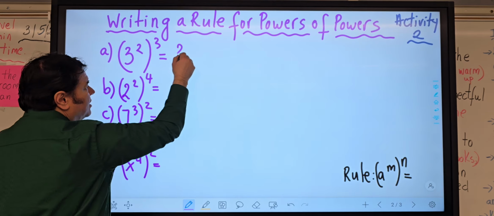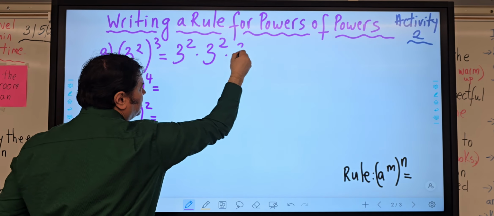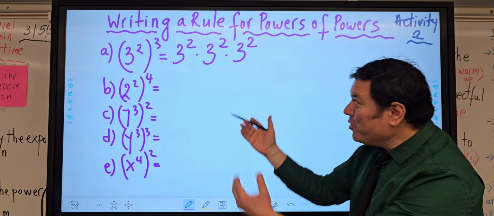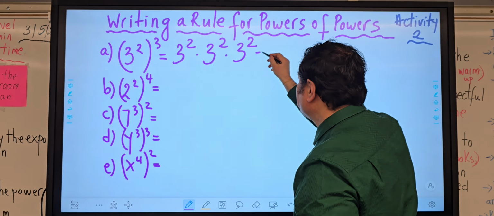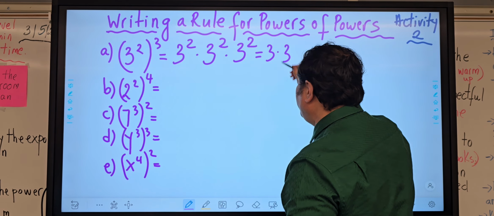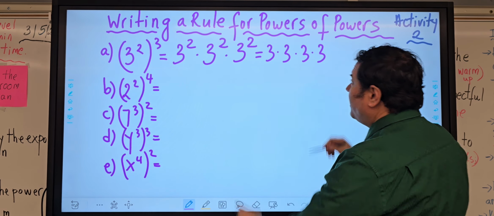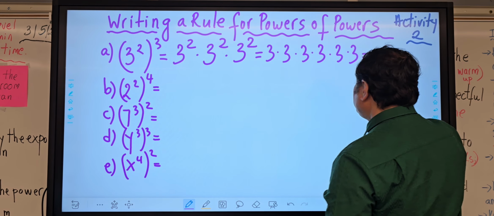So we have 3 to the second power times 3 to the second power and times 3 to the second power. Now if we break it further down, 3 to the second power means 3 times 3. So we have 3 times 3, and again 3 times 3, and again 3 times 3.